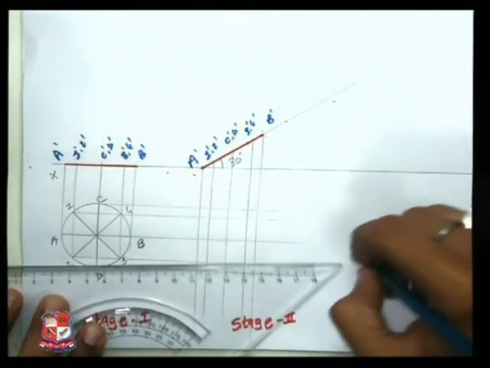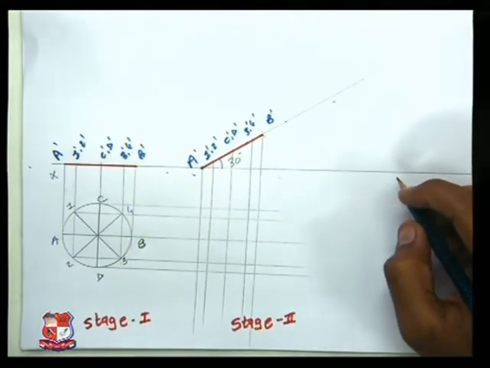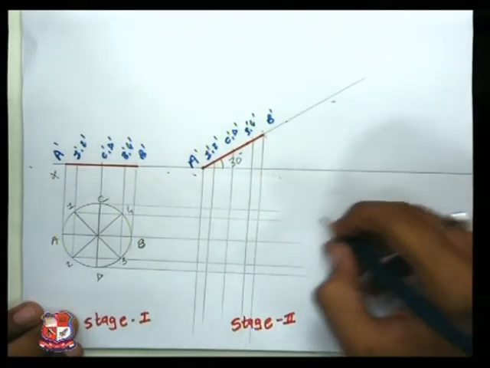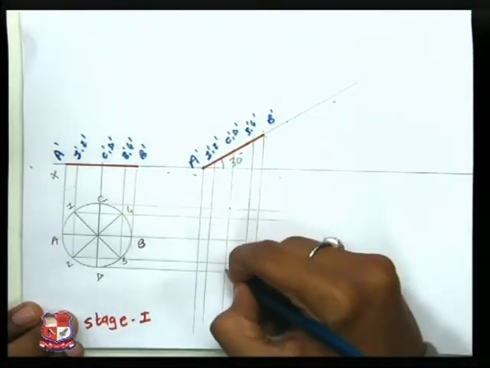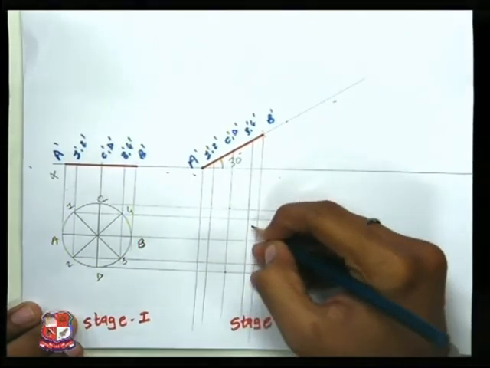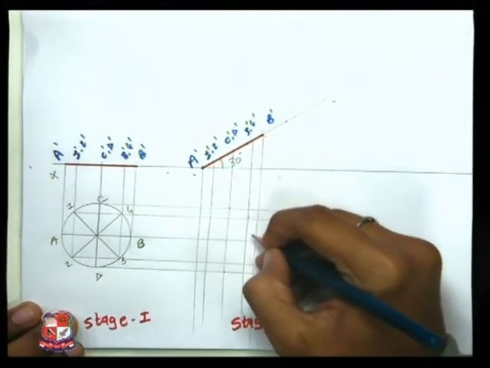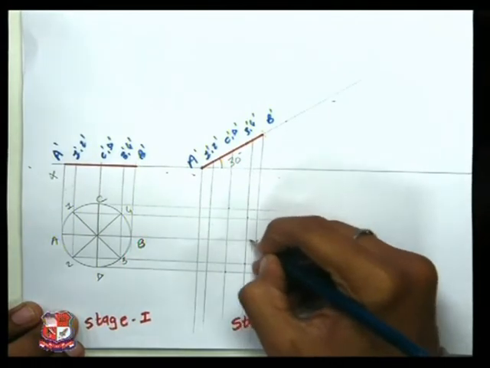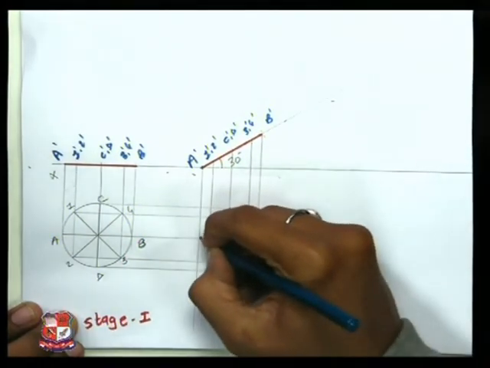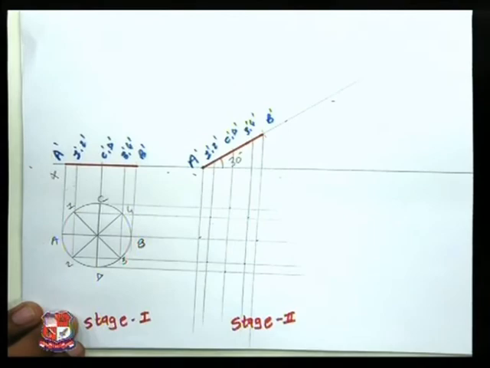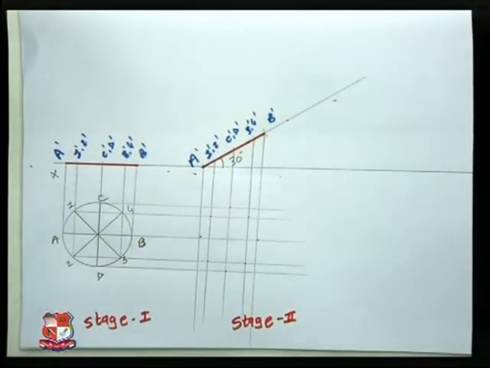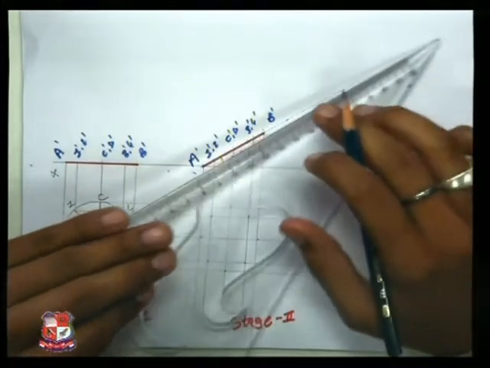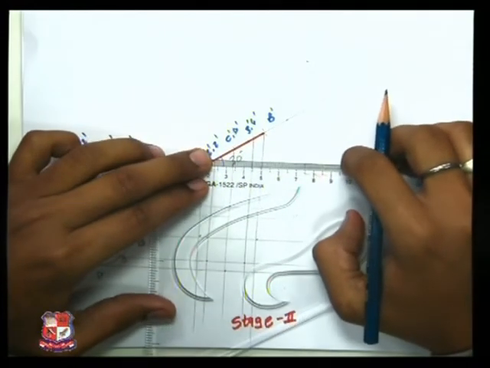When anything is tilted at some angle, it will be converted into an elliptical shape. We have got this kind of structure. Let's join it with a smooth curve.